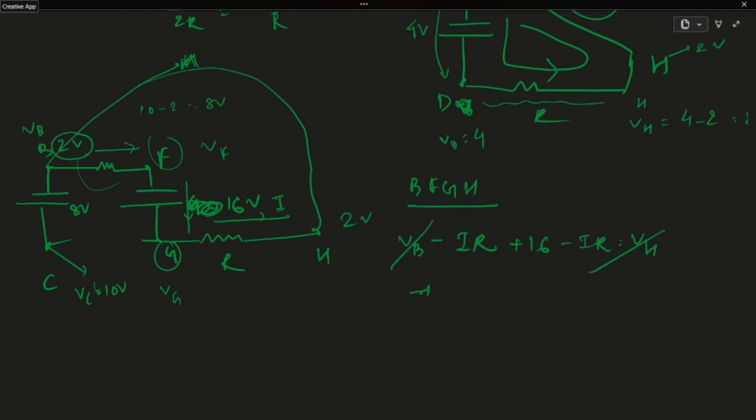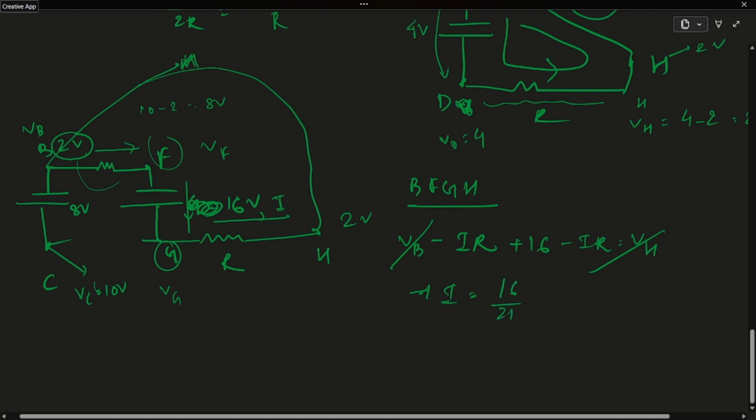VH gets canceled. So I comes as 2IR equals 16, so I is 16 by 2R, basically 8 by R.